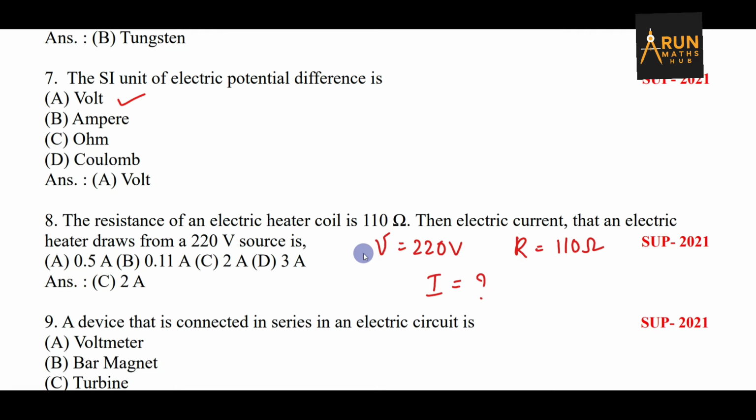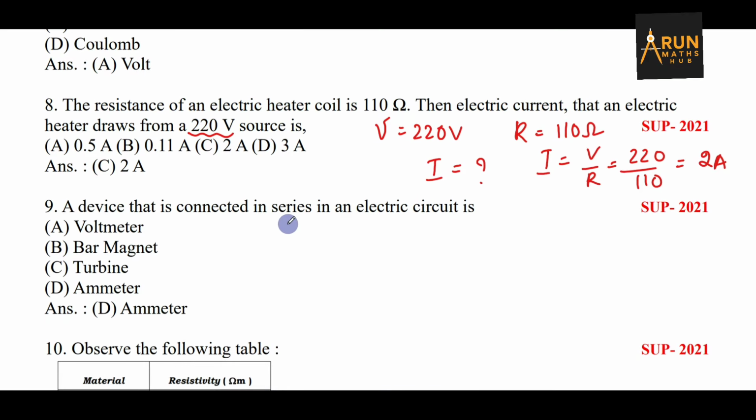Again using Ohm's law, V equals IR, I equals V by R. That is 220 by 110. We get 2 ampere. It is not power, actually it is voltage.